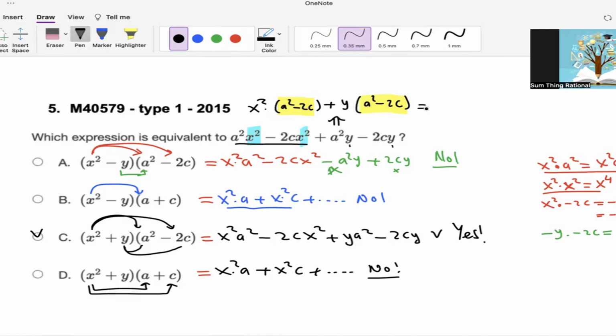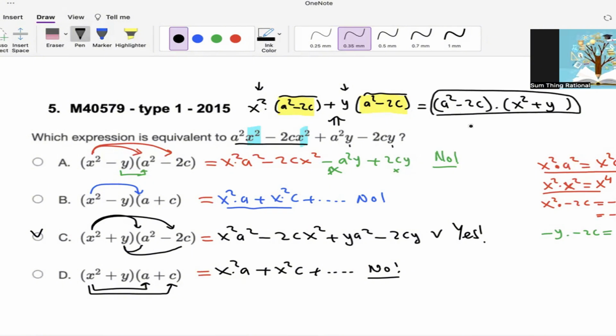But anyway, if I write a squared minus 2c outside of the parentheses, what are the remaining terms? Next to that, x squared is remaining, and y is there. So x squared plus y multiplied by a squared minus 2c, which is available in option C again.